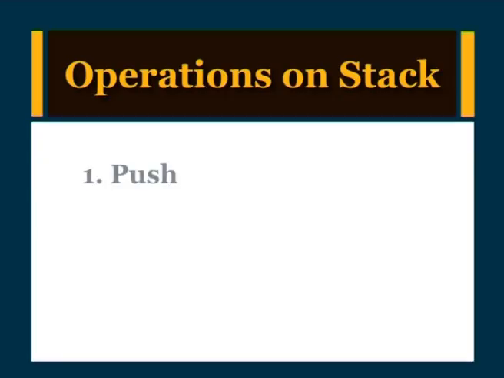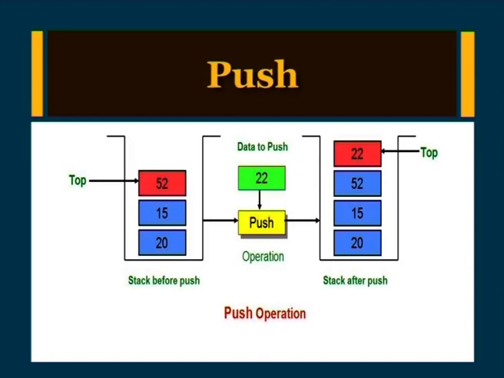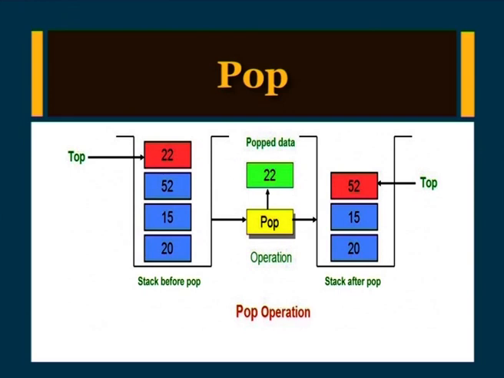As already mentioned, there are two basic operations that can be performed on a stack. Push. This operation inserts or adds data in the stack. The last pushed data becomes the top of the stack. The second operation is pop. This operation removes the most recently inserted element from the top of the stack.